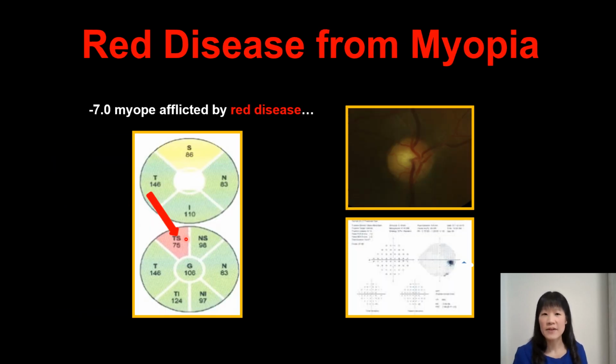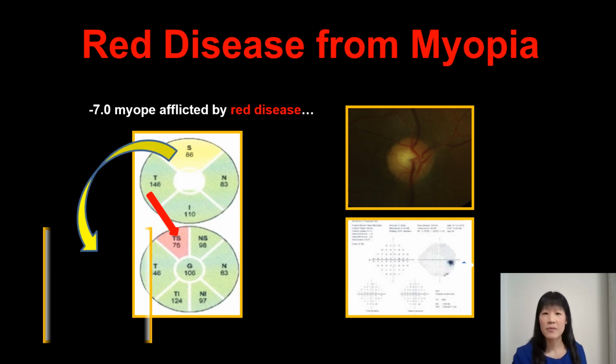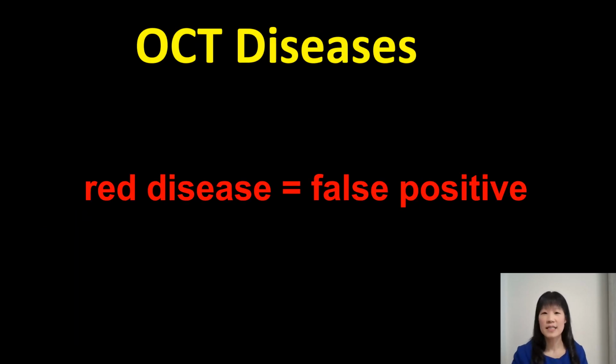So they have RNFL thinning. And the reason why is myopia can independently cause RNFL thinning. So again, the normative database in the OCT machines are non-myopes. So again, if you have a myopic patient, you can see RNFL thinning on the printout, even though their disc is normal, their field is normal, except for a rim artifact. And if you throw out that OCT data point, the patient's clinically normal without glaucoma.